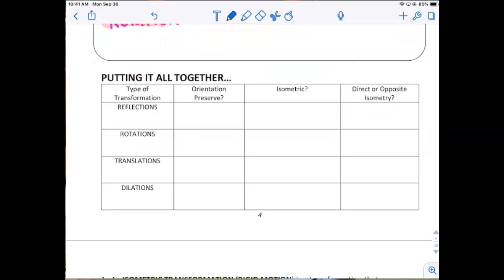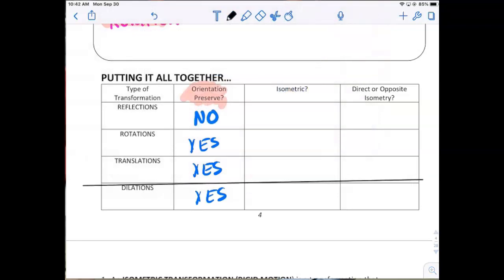Finish up the notes with this chart. Is orientation preserved? Not in a reflection, but yes in a rotation, yes in a translation, and actually yes in a dilation, even though a dilation is separate. We think of this as a separate unit that we'll talk about later.